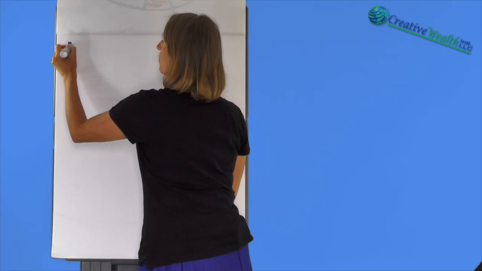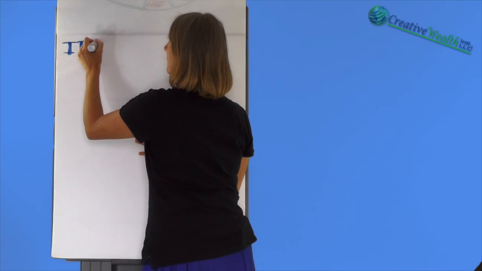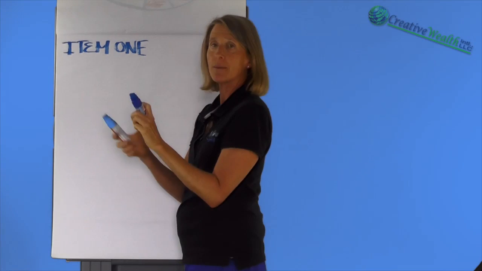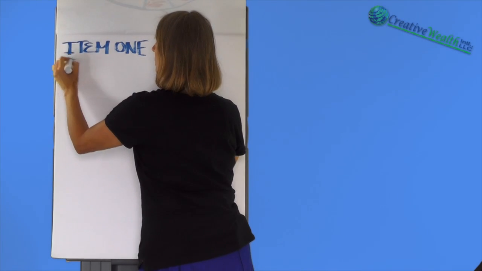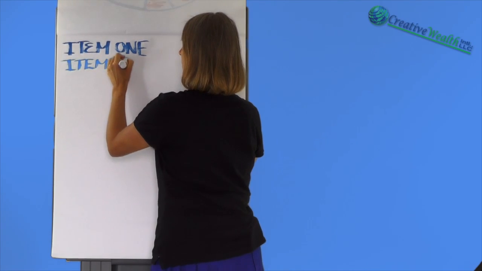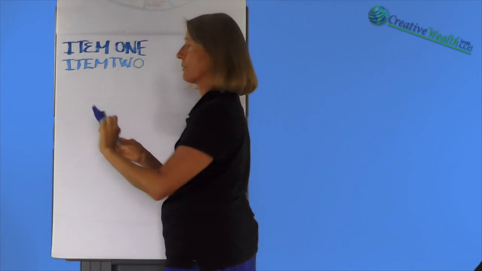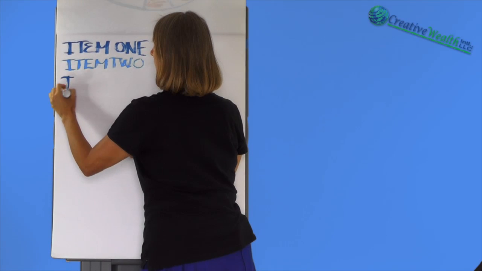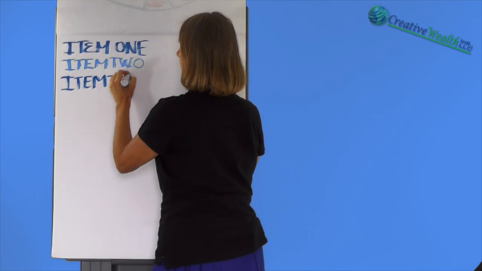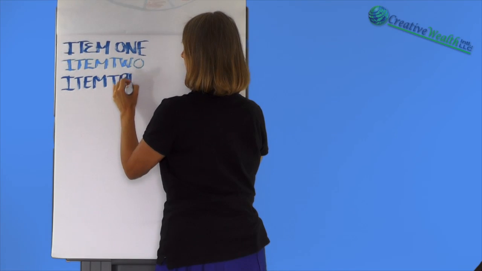So this would be item 1. Item 1, notice I'm using all caps. And this would be item 2. And you see where I'm going with this. And then this would be item 3. All right. T-H-R-E-E.